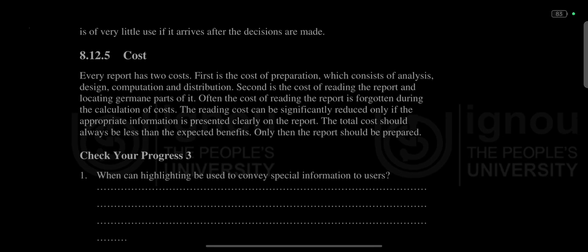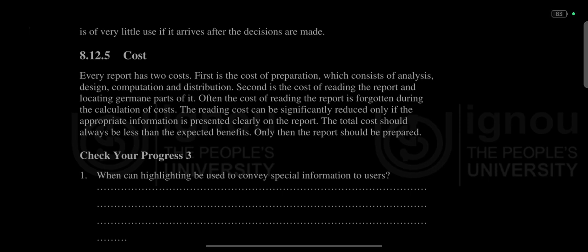Cost. Every report has two costs. First is the cost of preparation, which consists of analysis, design, computation, and distribution. Second is the cost of reading the report and locating germane parts of it. Often, the cost of reading the report is forgotten during the calculation of costs.